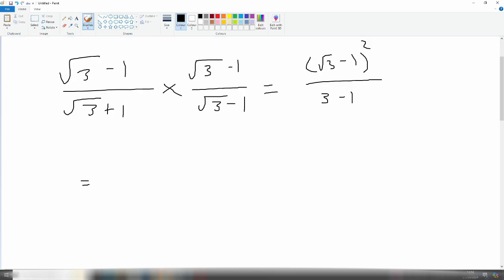So this is equal to, well, root 3 squared is 3, and then plus 1 squared is 1, and then plus 2 times root 3 times 1. Or actually root 3 times minus 1, so this plus becomes a negative. There we go.